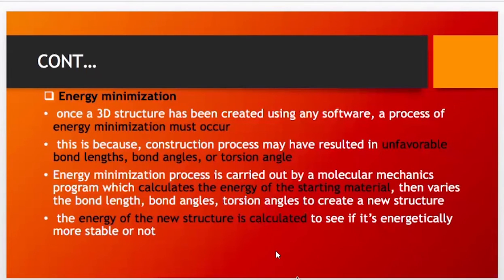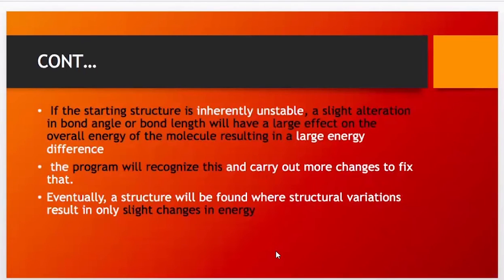So we apply the energy minimization concept so that you overcome all these changes I've mentioned, like bond length, bond angle, and torsion angle, so that you stabilize your compound. You don't want it to be unstable. You want it to be very stable. So energy minimization helps to stabilize the compound that you have made. All right, so that's basically what it is.